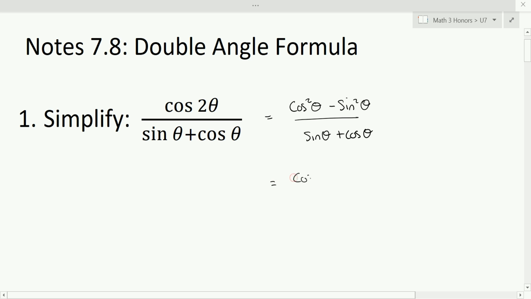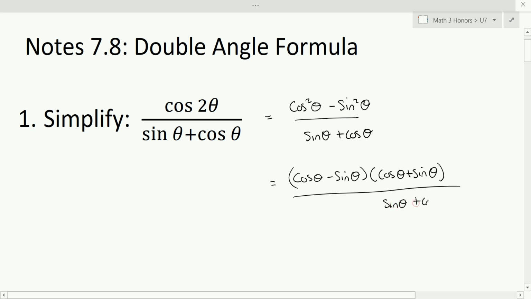So cosine theta minus sine theta times cosine theta plus sine theta all over sine theta plus cosine theta. And now we can reduce that fraction. And our answer is just cosine theta minus sine theta.